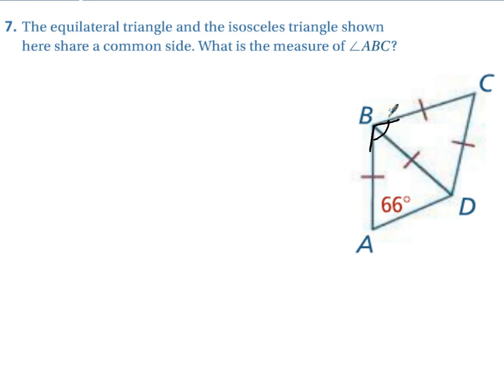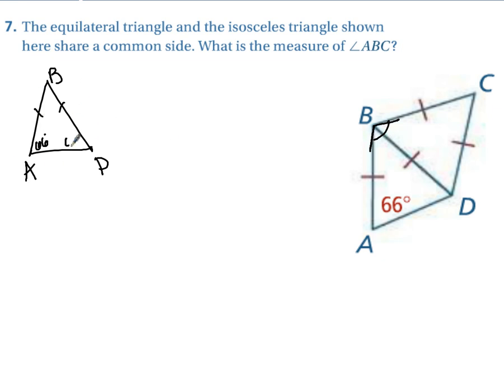I know that those two sides are congruent and that this angle is 66. Since those two sides are congruent, that means my angles opposite are congruent, so 66 is also there. And this is what I want, that angle B.